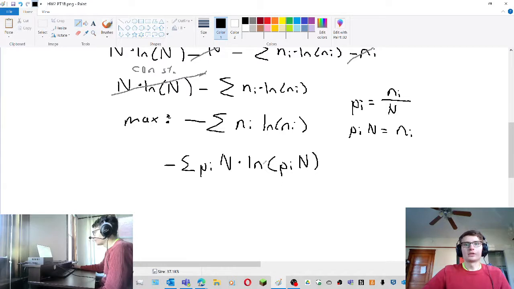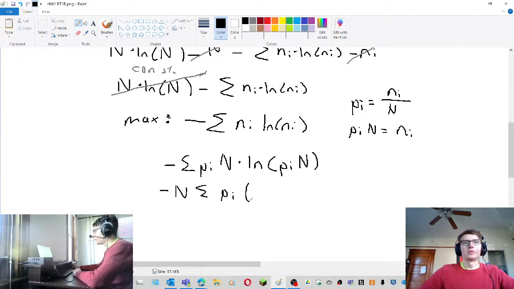And then we have the natural log of two things multiplied together. Well, that can actually be broken up into a few different things. So I can say the negative total number of students times the summation of the probability that a student has a certain grade multiplied by the natural log of pi, the probability a student has a certain grade, plus the natural log of n.